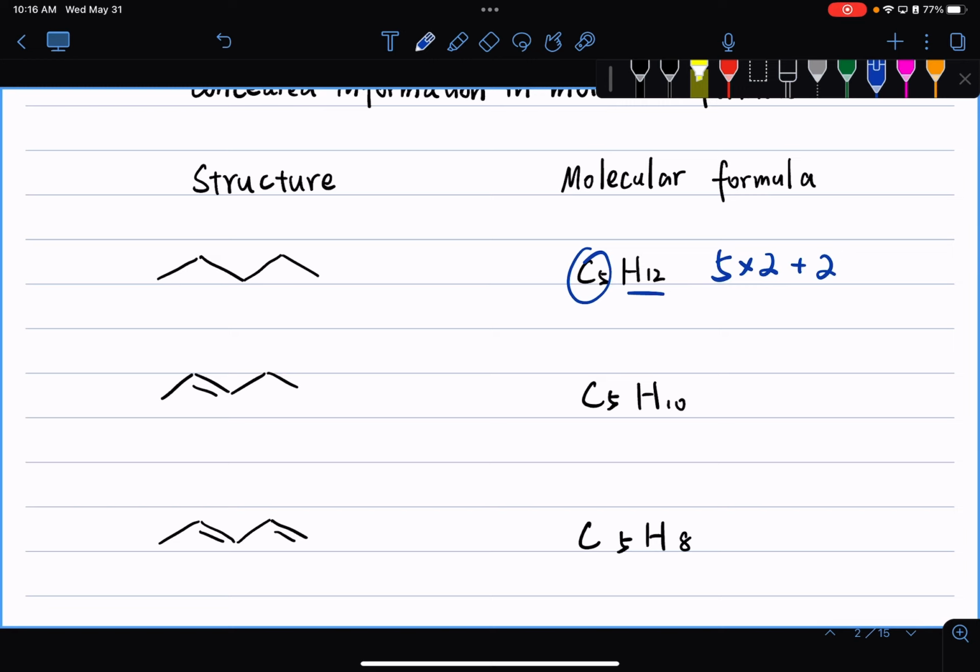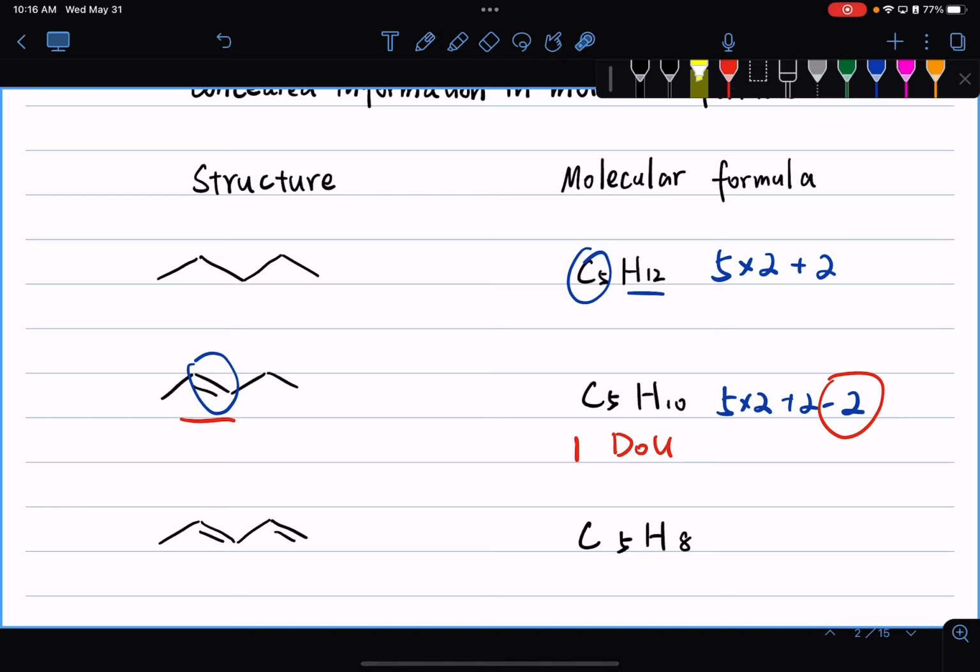Now, the second one comes with 1 unsaturation. With that 1 unsaturation, if you count the number of hydrogens, it now becomes 5 times 2 plus 2 minus 2. So this minus 2 tells you we have 1 degree of unsaturation, which we abbreviate as DOU.